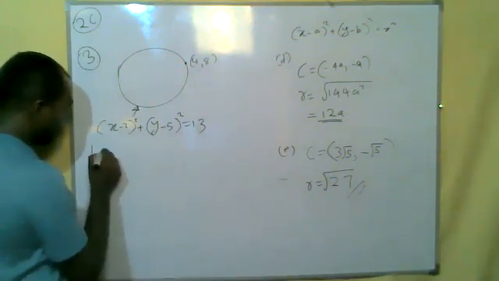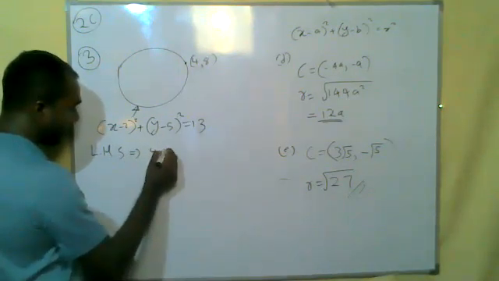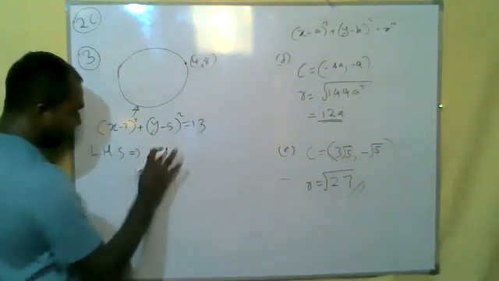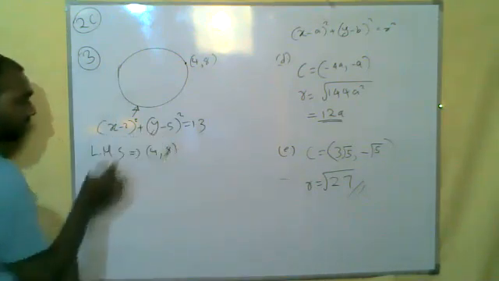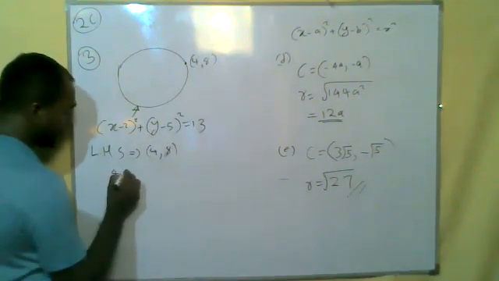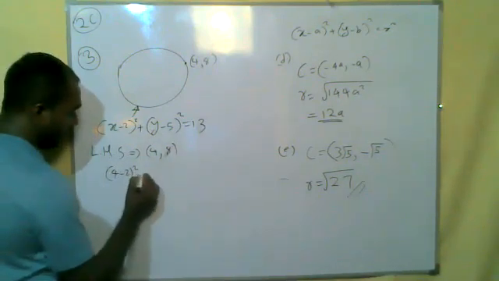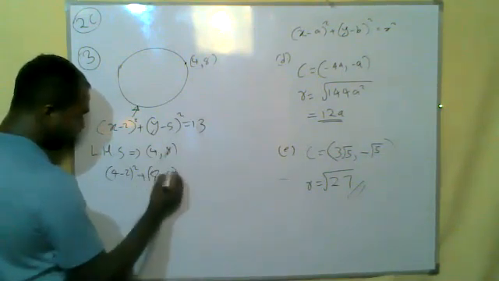So let's take LHS and substitute (4, 8). I'm just going to substitute (4, 8) into the left hand side of the equation. So how much is it going to be? (4 minus 2) to the power 2 plus (8 minus 5) to the power 2.